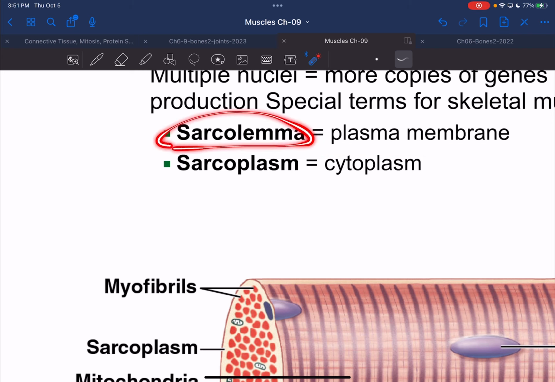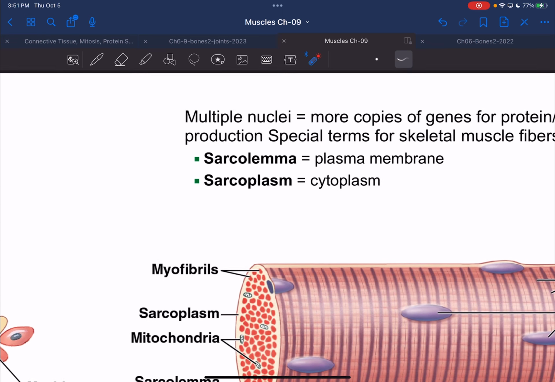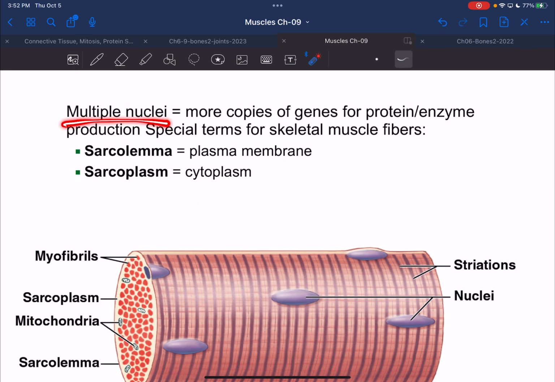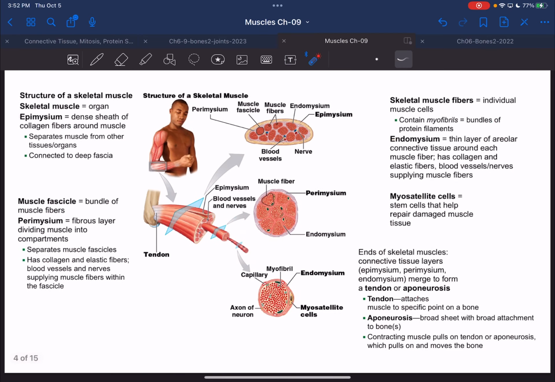That's the different word, but it means the same exact thing as a plasma membrane. I think I just misspoke, sorry. Sarcoplasm, like cytoplasm, is the space inside the cell. Sarcolemma is the plasma membrane, the cell membrane of a muscle cell. And remember, one thing that characterizes muscle cells is their many nuclei, and again this can be attributed to their length.